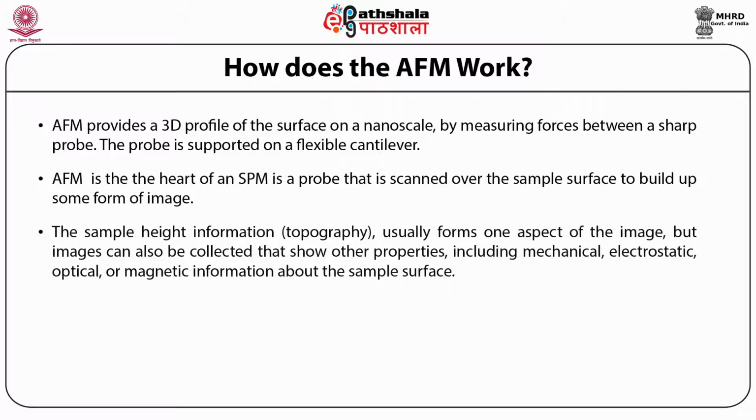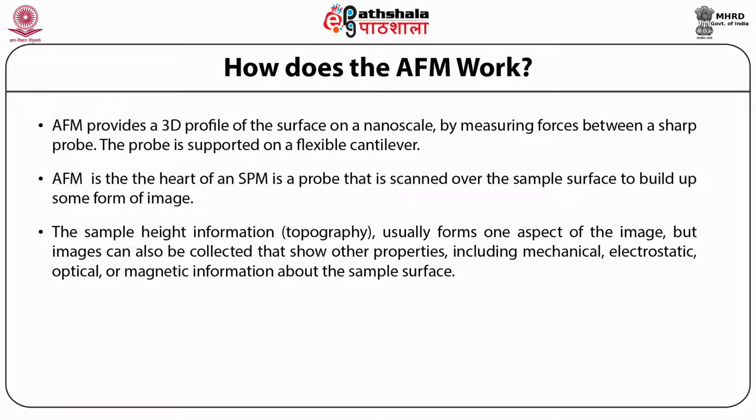The sample height information, topography, usually forms one aspect of the image, but images can also be collected that show other properties including mechanical, electrostatic, optical and magnetic information about the sample surface.